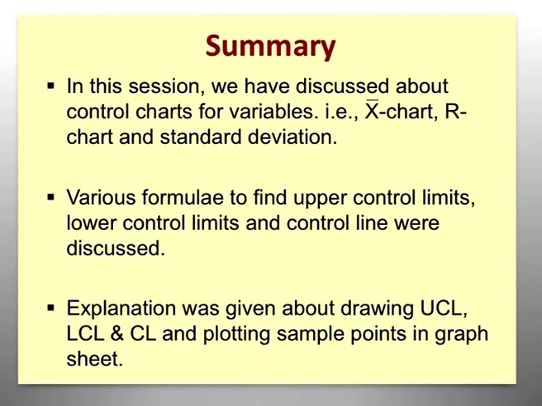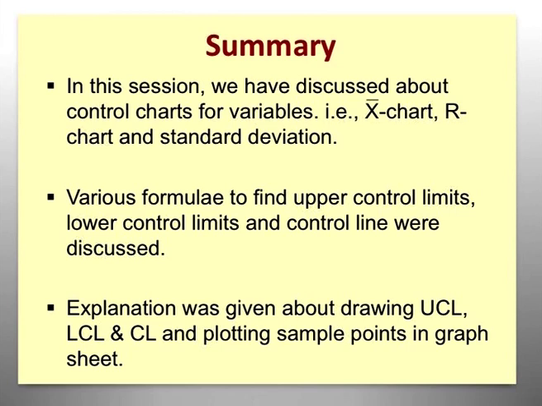In this session, we talked about control charts for variables. That is, we talked about control chart for x bar, control chart for R, and control chart for standard deviation, in the cases when the population parameters are known, and in the case population parameters are unknown.